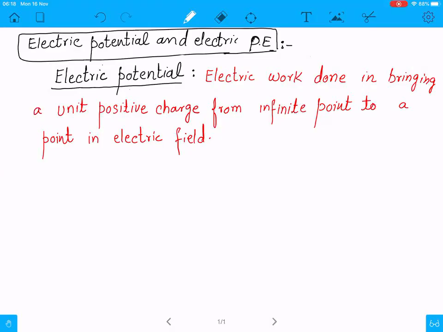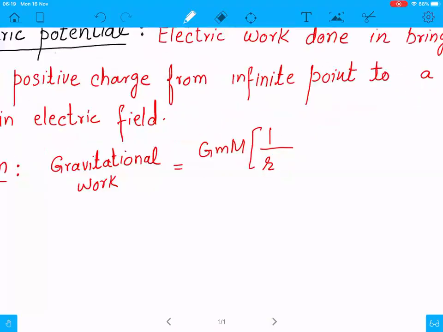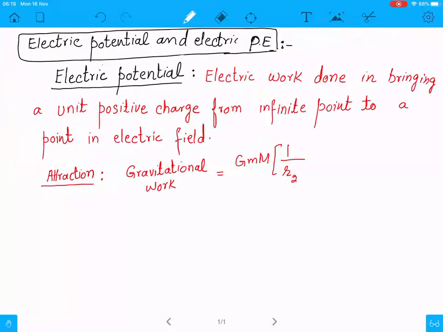Now, in case of attraction, the formula for work was, for example, previously we wrote the formula for gravitational work. Formula for gravitational work, if you remember that, when an object is moved above the earth, it was capital G smaller m capital M into 1 over R2 minus 1 over R1.